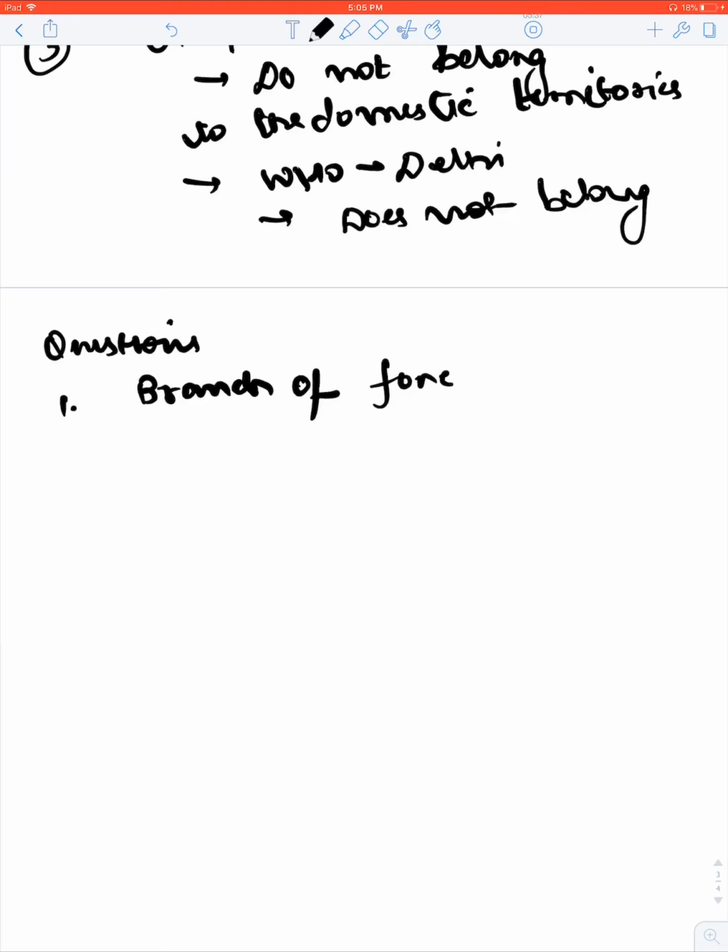Will it be included in the domestic territory of India? Yes, it will be included because it is located within the domestic territory of India, and the exceptions go only to international organizations and embassies. So it will be included in India.